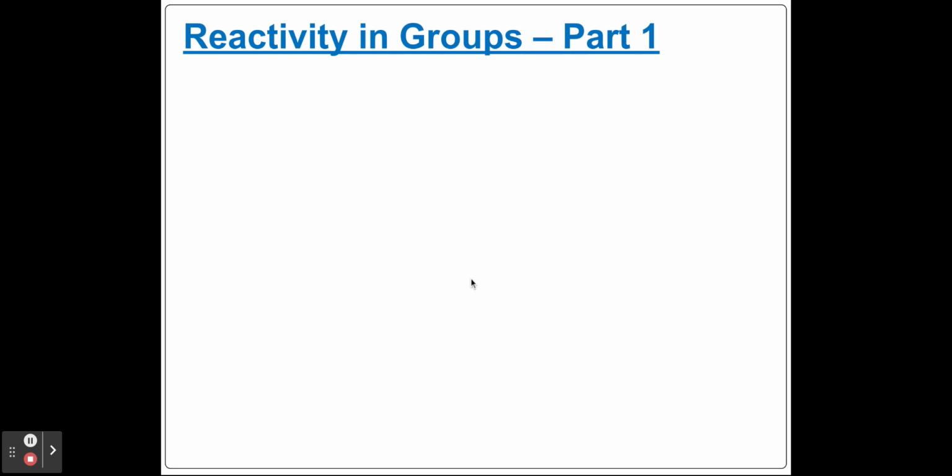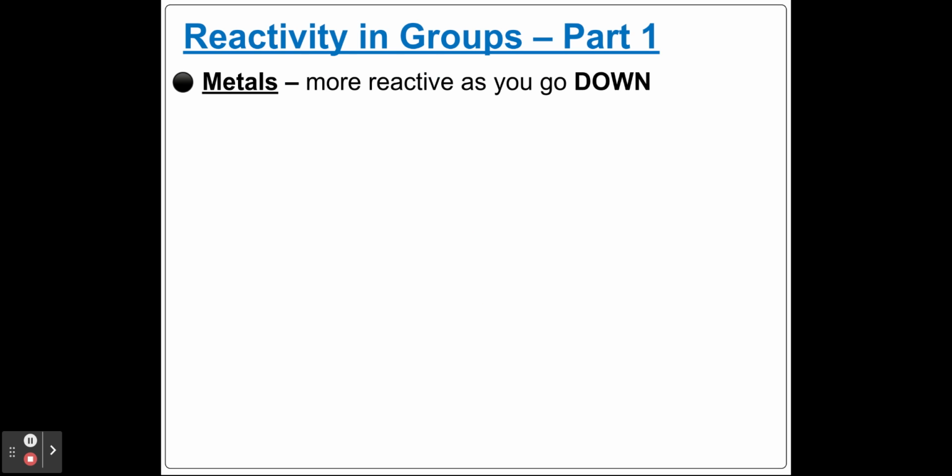So why do they have these reactivity trends? What's behind the trend? Well, let's talk about reactivity in groups. For the metals, we said that they're more reactive as you go down a group. Why is this? It's easier to lose electrons. As you go down the group, the atom gets larger because you're adding another energy level.